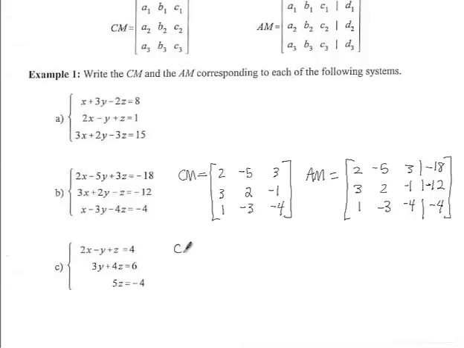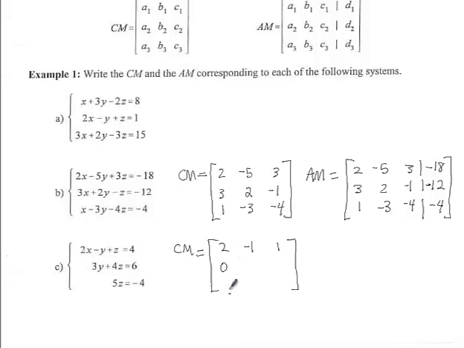For our third system, notice in the second and the third equation, we don't have an x or an xy in the third. So those coefficients will simply be 0. So for the second equation, there is no x variable.